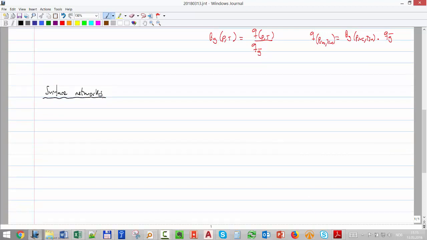Okay, so let's talk about surface networks. Exactly the same case where we have, for example, two wells. But now the wells are not identical, so we cannot make the assumption that Q well will be equal to Q of the field divided by 2.